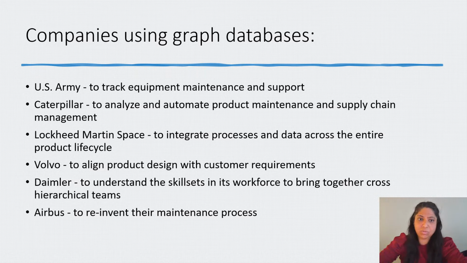Then we have Volvo, which is using graph databases to align product design with customer requirements. We also have Daimler, which is using graph databases to understand the skill sets in its workforce to bring together cross-hierarchical teams. And the last company is Airbus, which is using it to reinvent their maintenance processes.